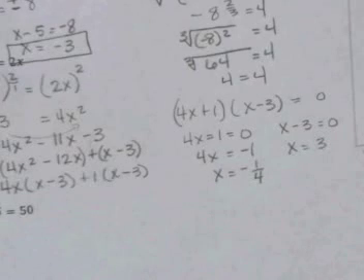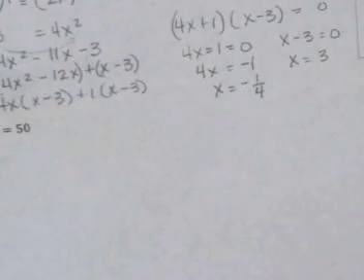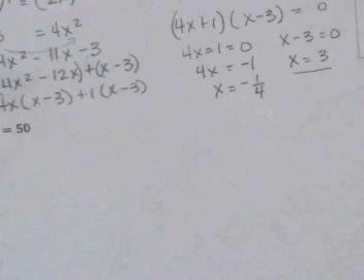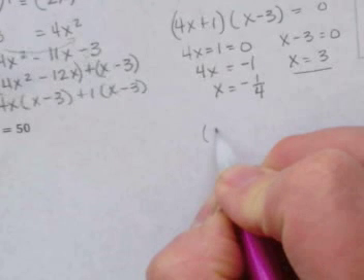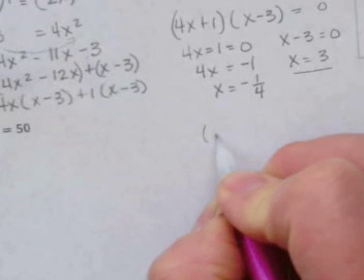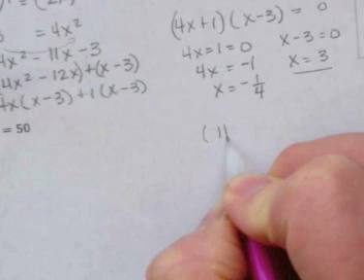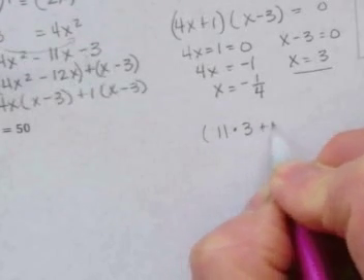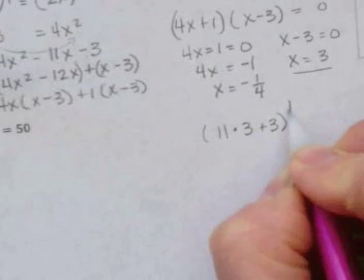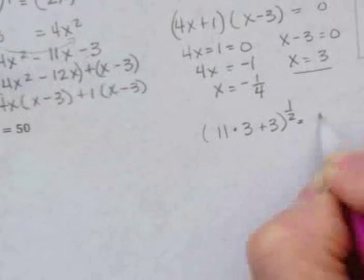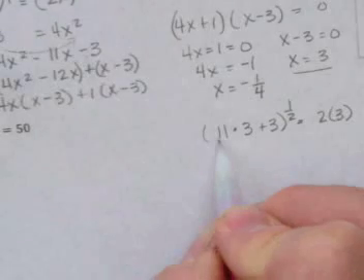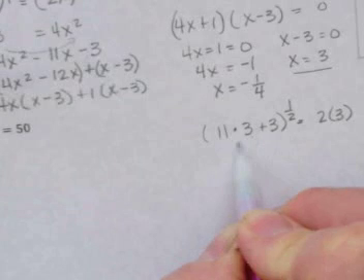So my last, but maybe one of my most important steps, is to go ahead and check my answer. So the first answer I'm going to check is the 3. I go back to the original equation. Always when you do your checks, go back to the original equation. So I have 11 times 3 plus 3 to the 1/2 power is equal to 2 times 3. 11 times 3 is 33.